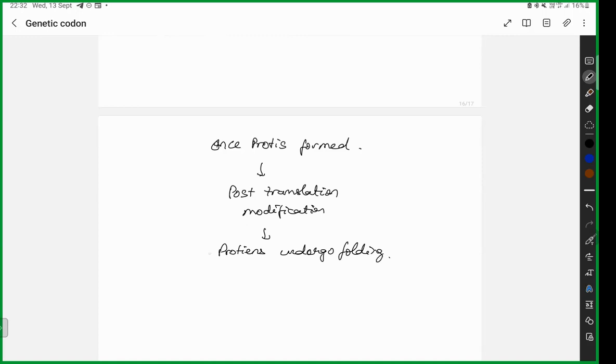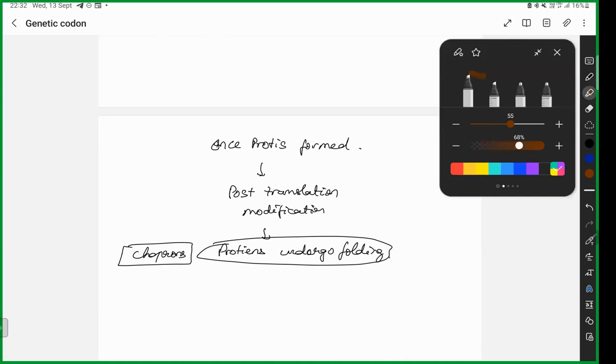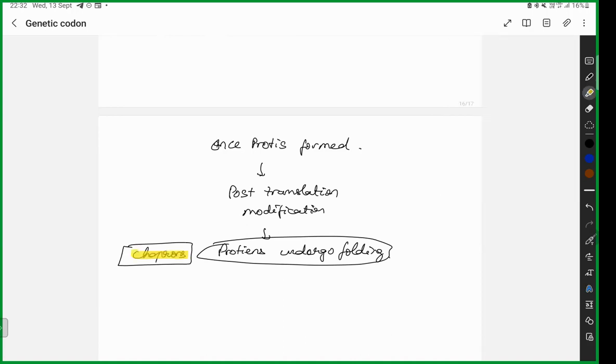This is going to be done by chaperones. Remember, who is going to do that? It is going to be done by chaperones. I want you all to understand this one particular point.